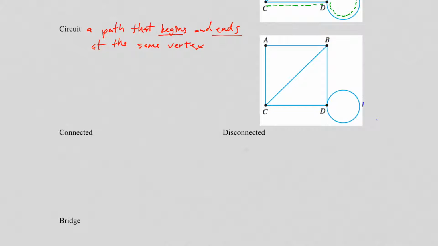And this kind of makes more sense if you're going through this path because wherever you started, that's probably where your car is, right? And you're going to end up coming back to the same place so you can get in your car and go home. Okay, so a circuit is basically, I'm going to start my journey, and I'm going to come back to the same spot.